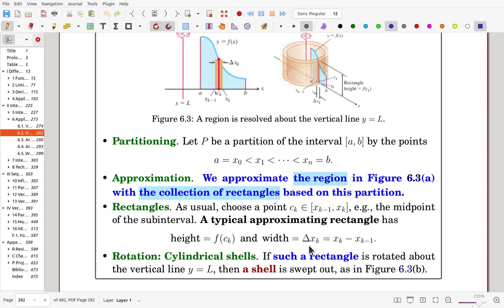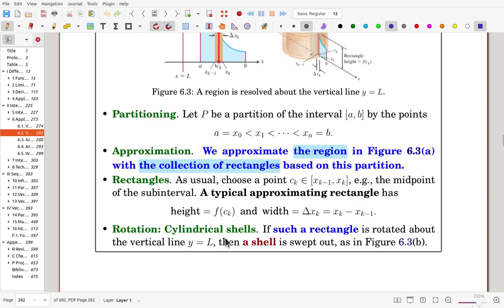Now we rotate each rectangle. Then each one will make a cylindrical shell. We try to compute the volume of the cylindrical shells and add them to get a Riemann sum.